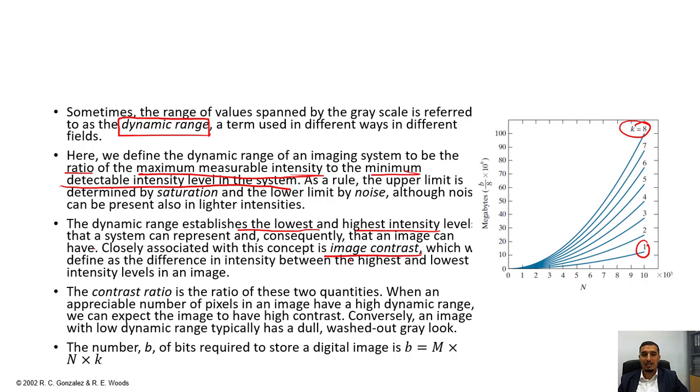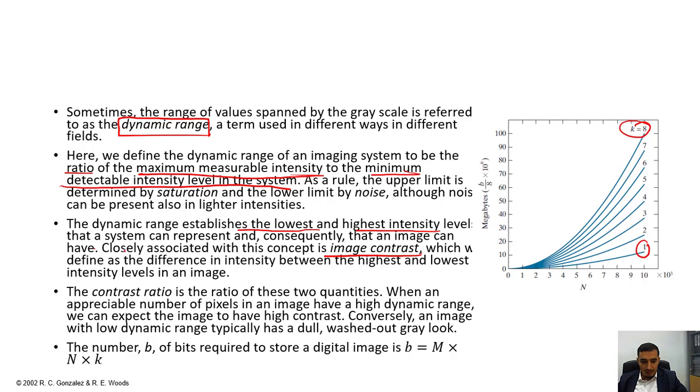Contrast in Arabic is التباين. If you have high contrast, this means your blacks and whites are widespread between each other. Low contrast means they are close to each other and everything is within this range. So we always try to spread the contrast and to have a higher range.